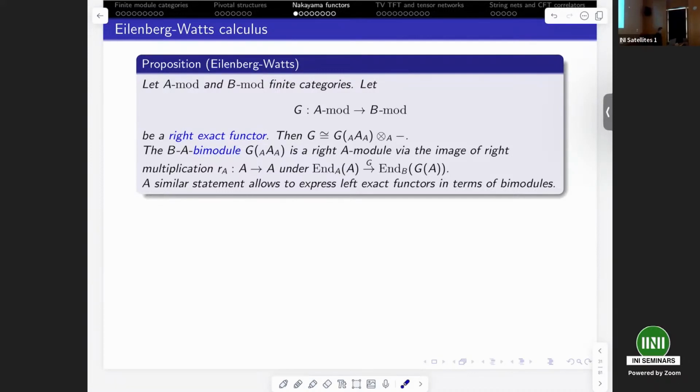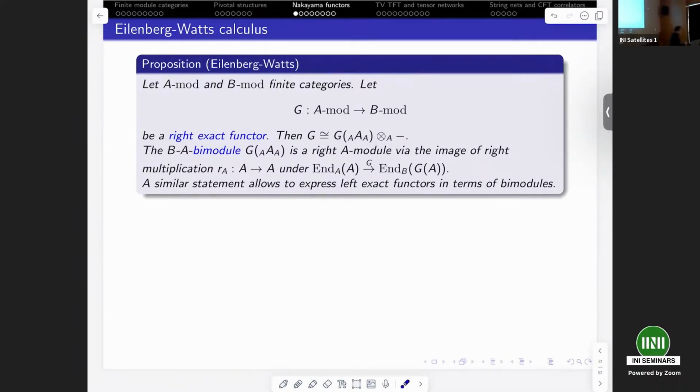And this bimodule is very explicit, and I think this is basically something you should find in more textbooks. In any case, there is a similar statement that also expresses left exact functors in terms of bimodules. So we have a relation between the category of left exact functors, right exact functors, and bimodules.